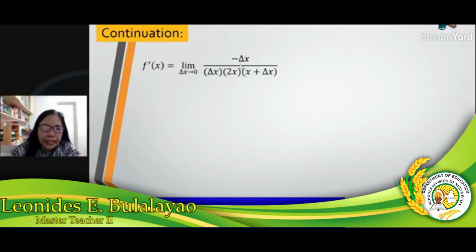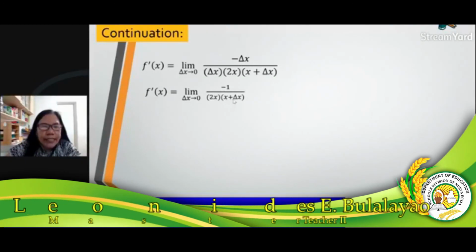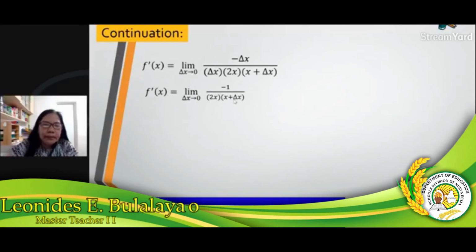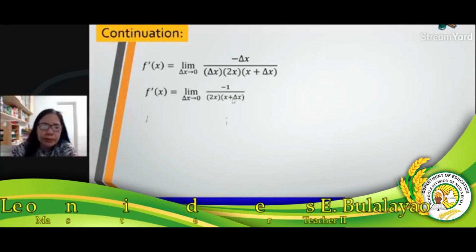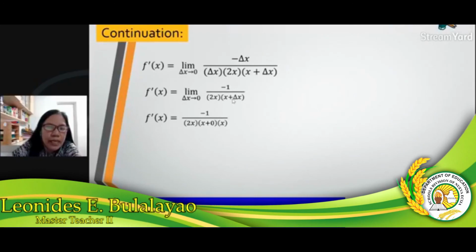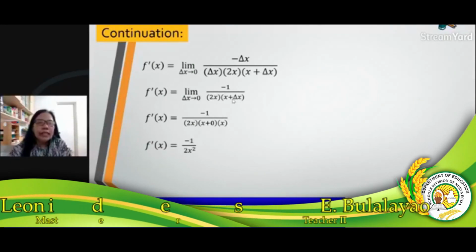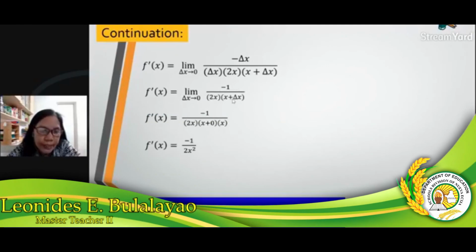So the remaining expression now is negative 1 all over 2x times x plus delta x. Getting the limit as delta x approaches 0, this delta x is 0, so we have negative 1 all over 2x squared.